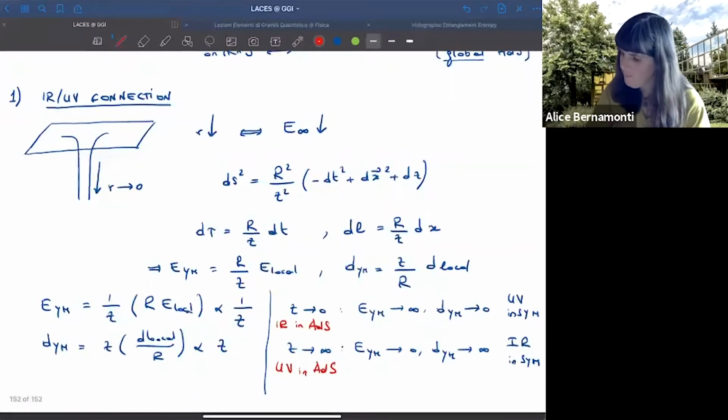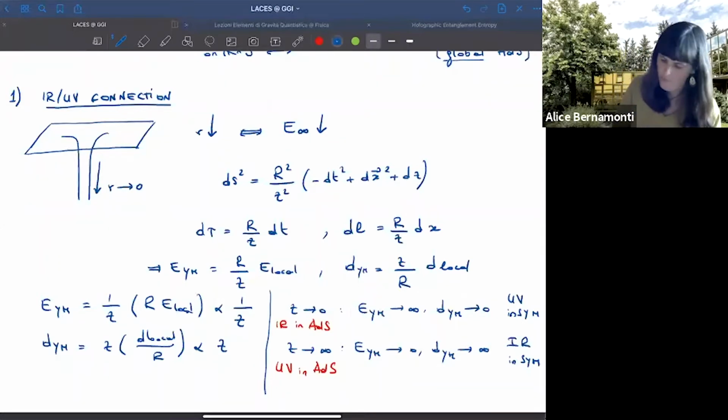And moreover, let's say a typical gravitational process in the bulk will have an energy.